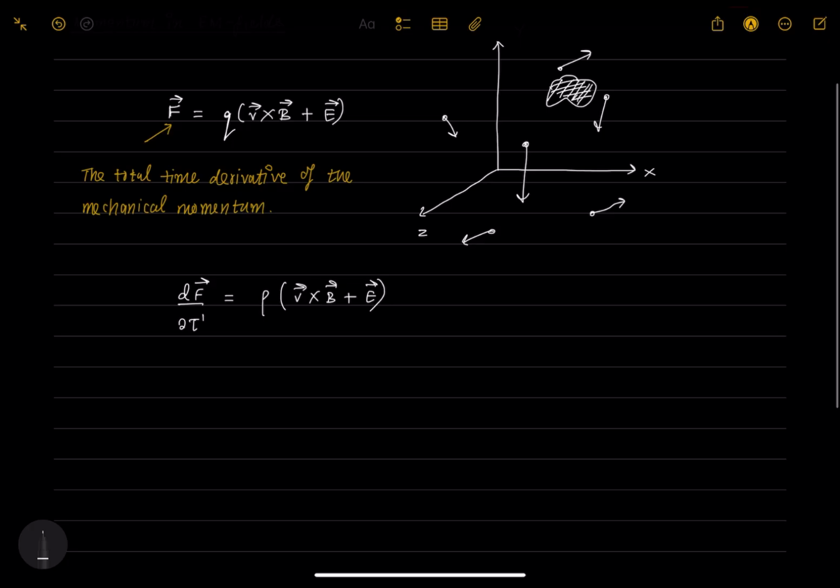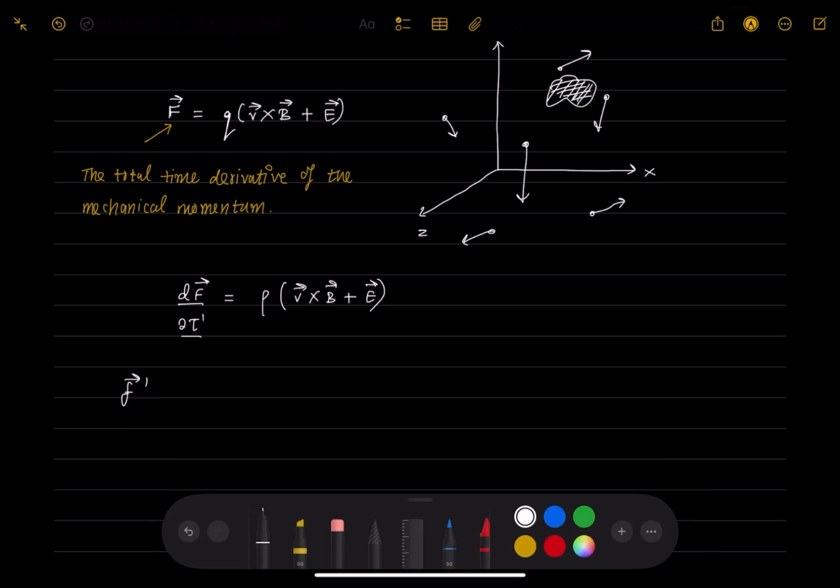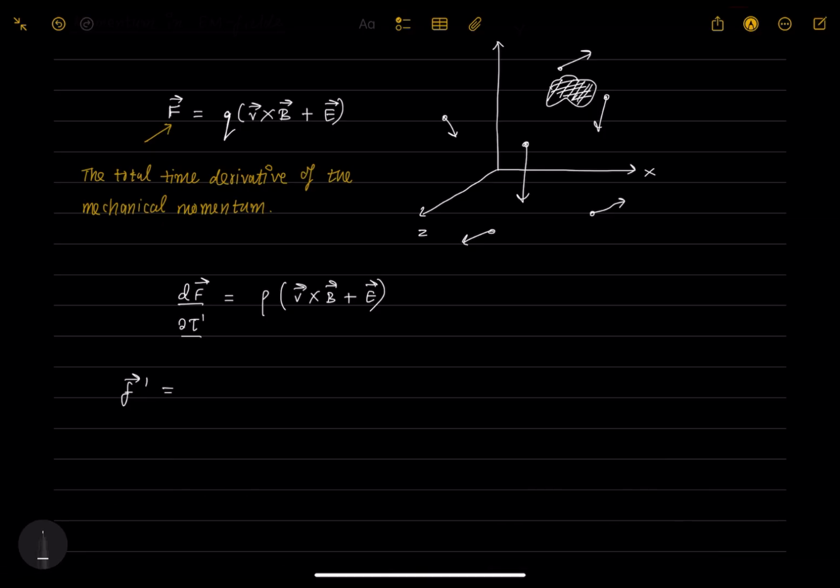With that, we're going to switch the notation to small f prime to represent the local force density, right? Force felt per unit volume of that field at a position R. And that's going to be given by rho V cross B plus E.